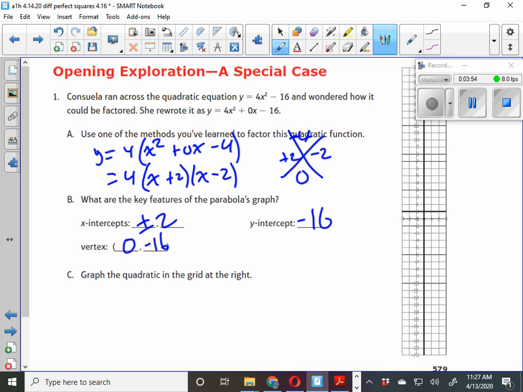This is graph the quadratic function at the right, and you're just going to graph plus or minus 2. Negative 16 is down here someplace. You're going to go up 4 over 1, so from 16 to 12.